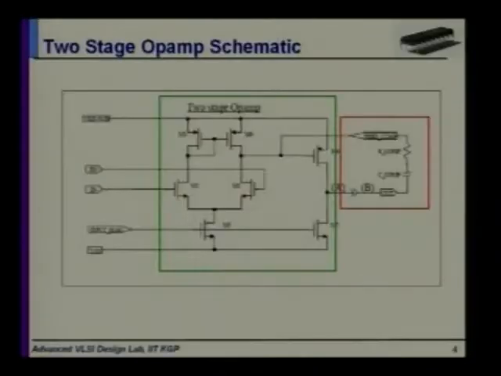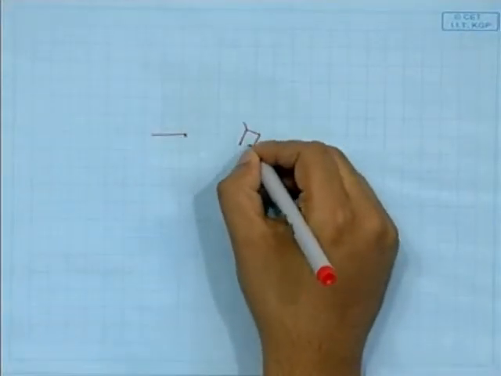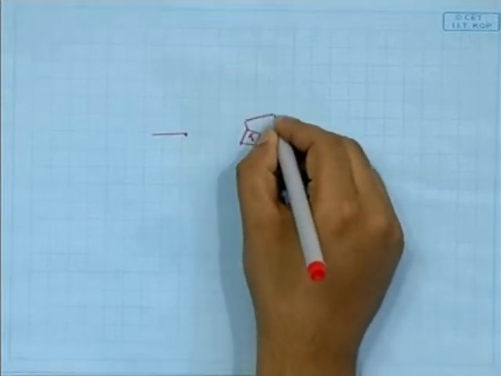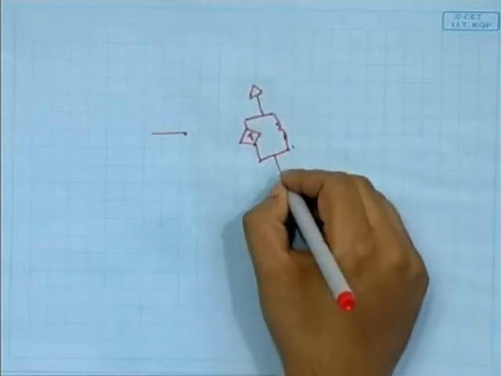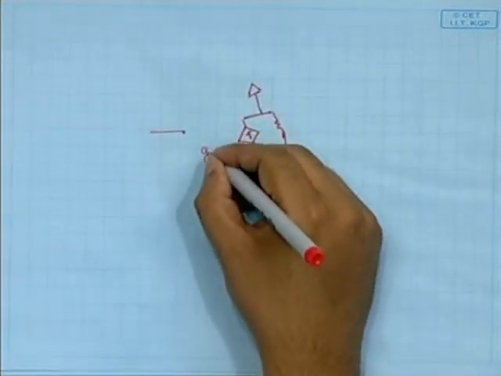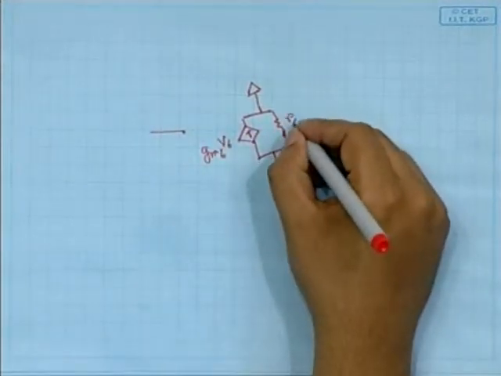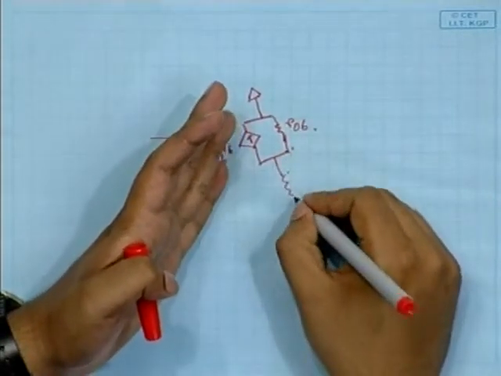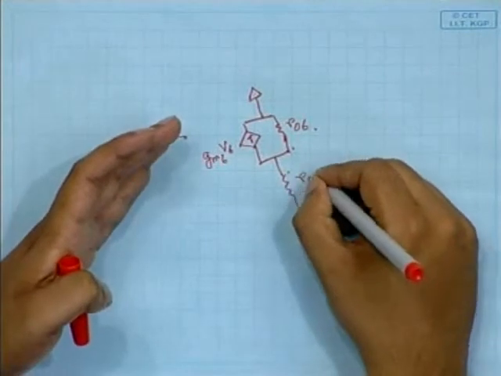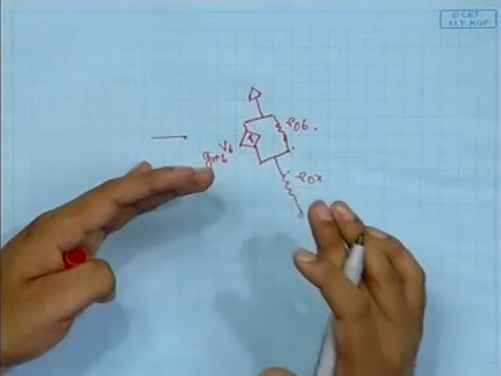In the second stage, similarly, GM6 V6 comes, and the output impedances of the devices M6 and M7 come in parallel.